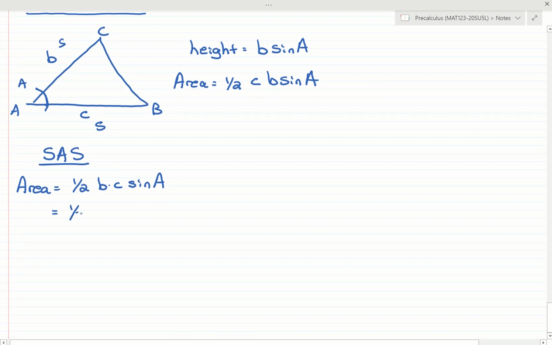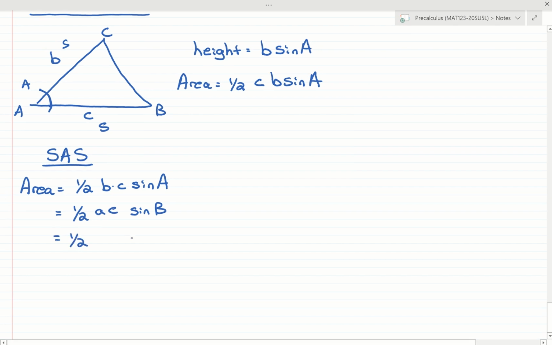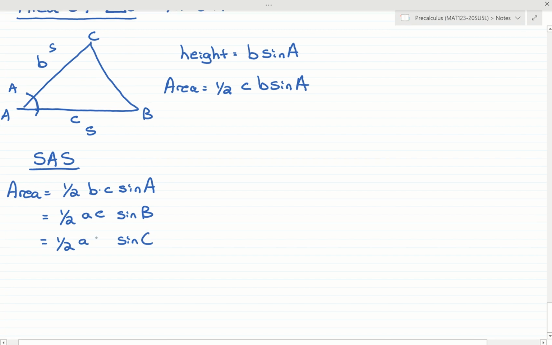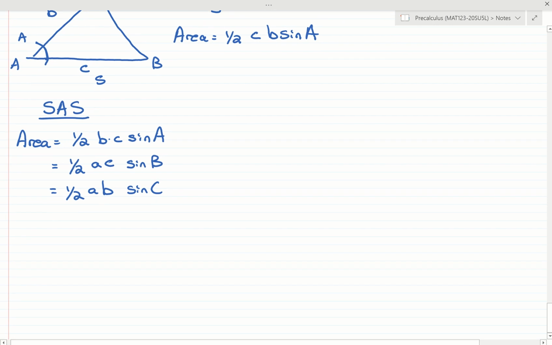What if we had angle b instead, and it's side angle side? Well, we could put the angle there and the other two sides would go here. And then if we had, let's say, angle C, we could put the other sides here, and those would be our formulas for a side angle side triangle.